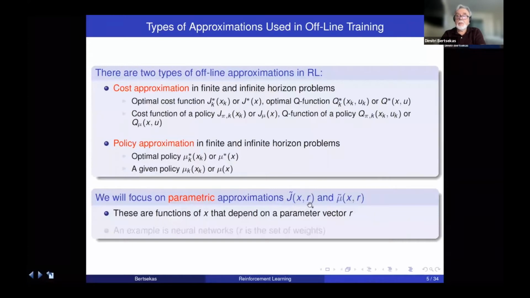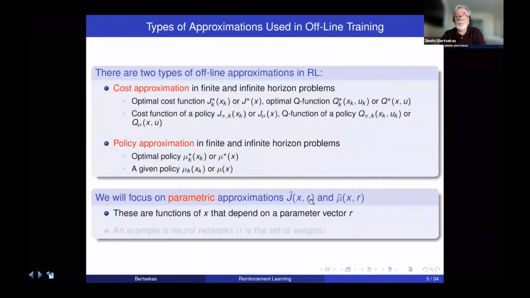So this J tilde is a member of a parametric class of functions, parameterized by a parameter vector that may have many components. It's generally a vector of scalar components. And similarly for policies, we want to approximate mu with a member from a parametric class of functions that depend on x, but also involve a certain parameter.